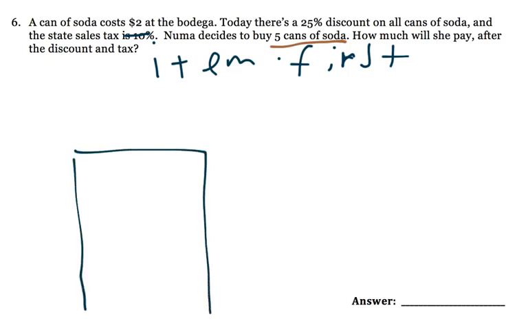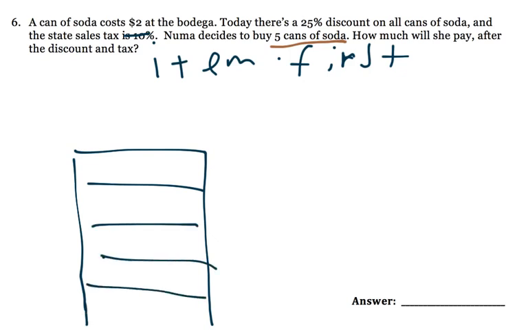We can start by doing the same old bill as before, finding the retail price, the discount, the new sales price, the tax, and then the final price. So we see that the retail price of 1 can of soda at this bodega is $2.